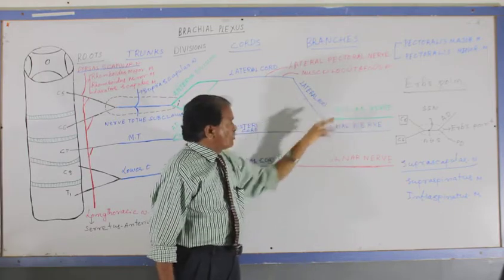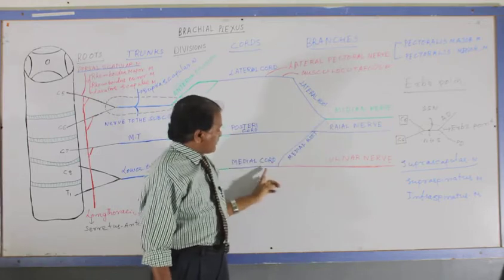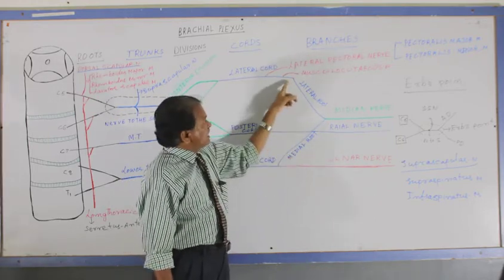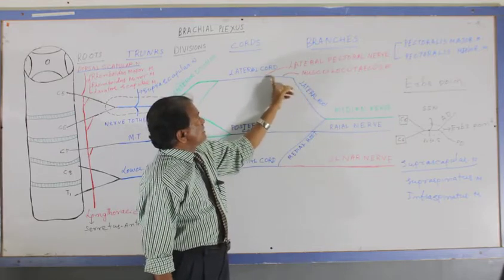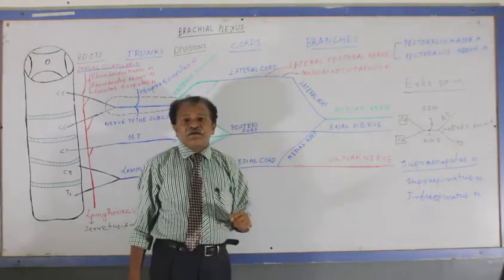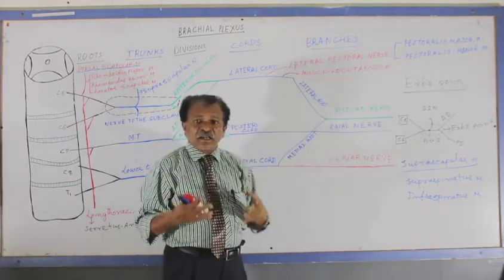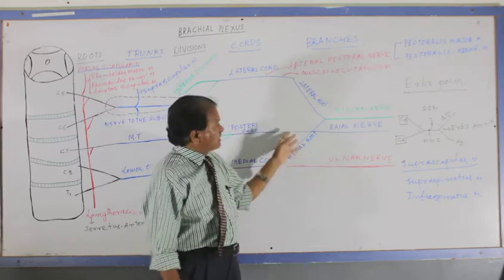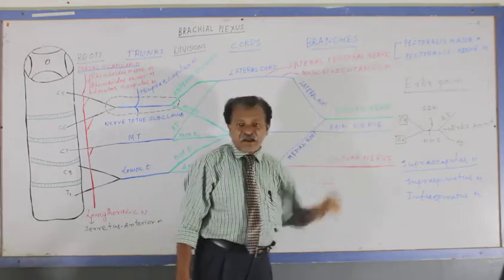The median nerve is formed by the medial root, coming from the medial cord of the brachial plexus, and the lateral root, coming from the lateral cord of the brachial plexus. They meet together on the anterior surface, forming a loop, and it continues as the median nerve.